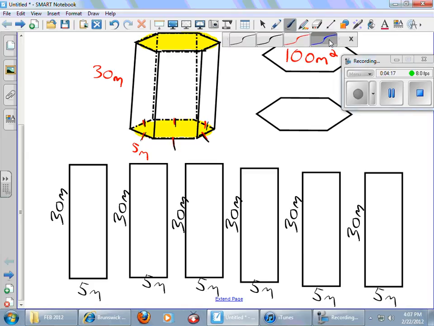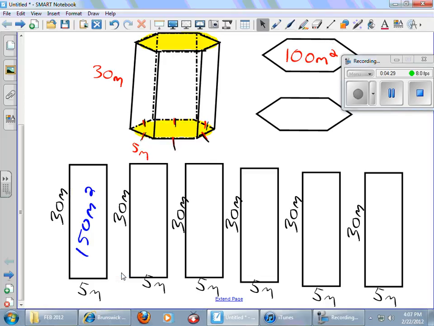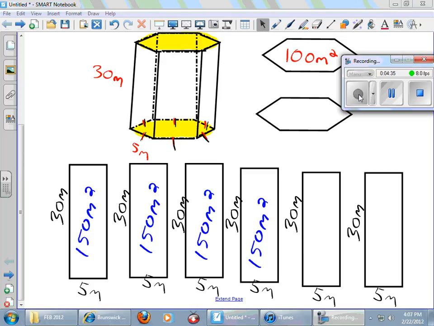All right. Well, let's say here, we're going to calculate the area of one of these. Well, base times height would be 30 meters times 5 meters would be 150 meters squared. Well, if that's the area of one, and they're all congruent to each other, then they all have that area. So now all I have to do is add up all the areas all together.